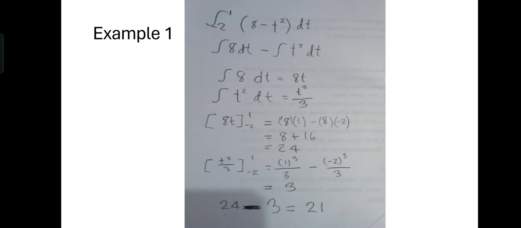If we subtract it, we have here 3. So the next step is to subtract the result of each part. We have 24 minus 3 is equal to 21. So 21 is our answer for example number 1.